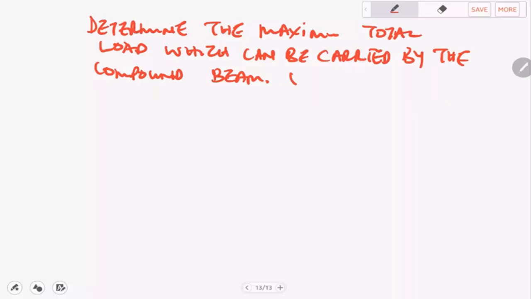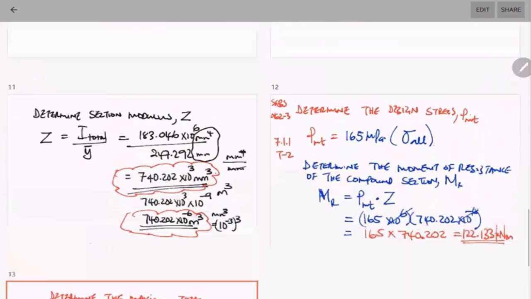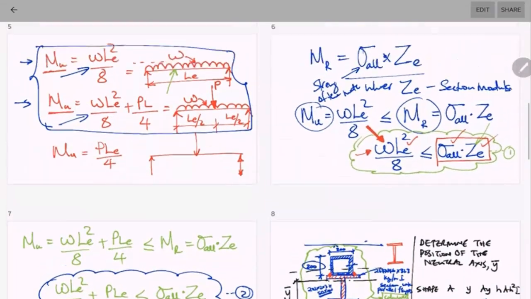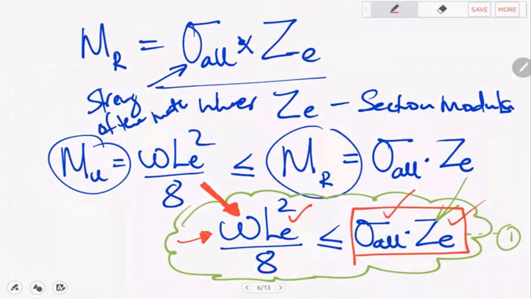This one is omega. And going back to our formula, this value of omega is what we now want to calculate.